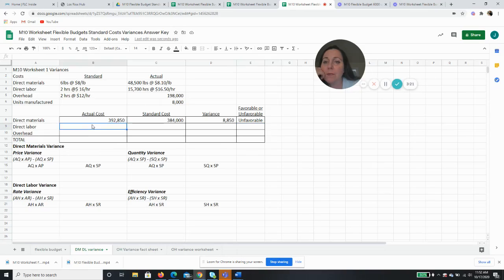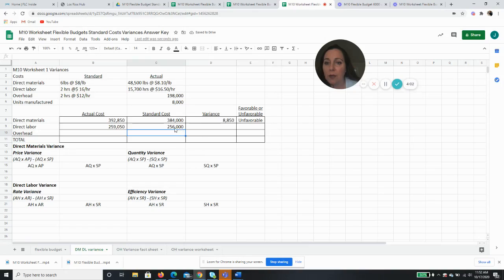For direct labor, we used 15,700 hours and paid an average of $16.50 an hour. So our actual will be 15,700 times $16.50, or $259,050. Our standard is 8,000 units, that's our actual units, times 2 hours per unit times $16 an hour.